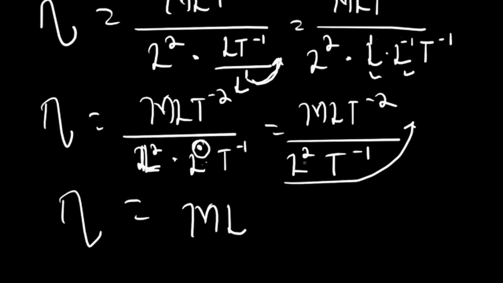Now when I move this L to the power of positive 2 to the top, it now becomes L minus 2. And the next one here is this T. This T is to the power of negative 1. When I take it upwards, it now becomes a positive 1. And we also have this one up here. So we have T minus 2.